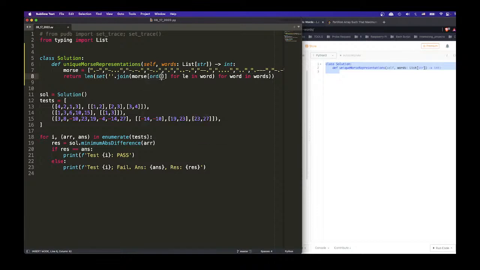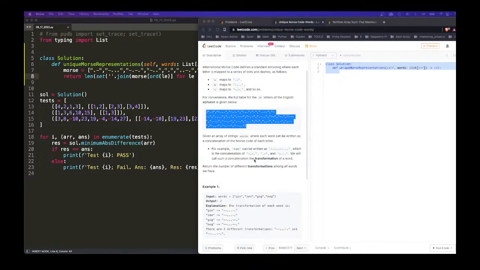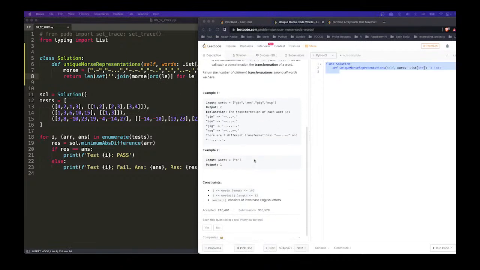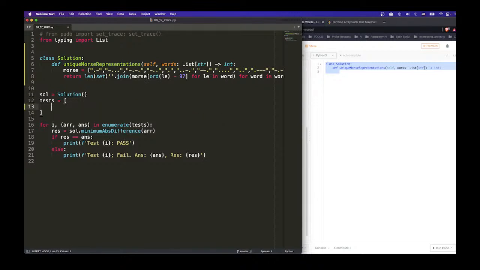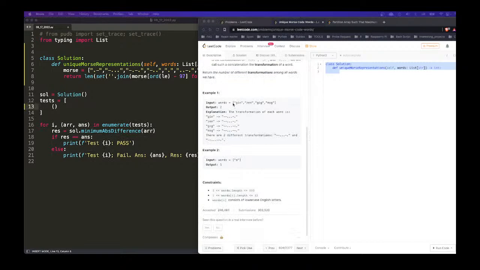Now this will be ord of letter. Are they all lowercase letters, right? Yeah, minus 97, I believe. So test. This shall be 2.